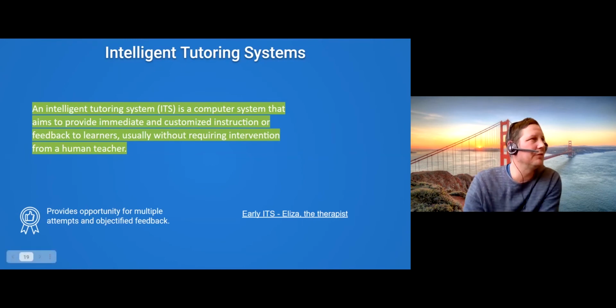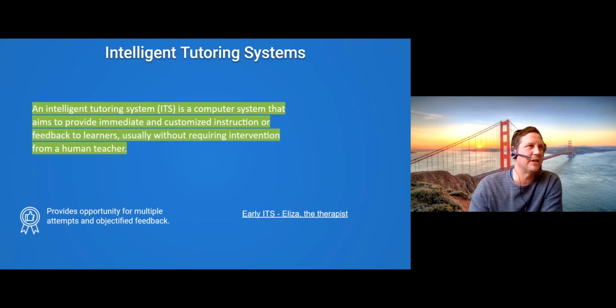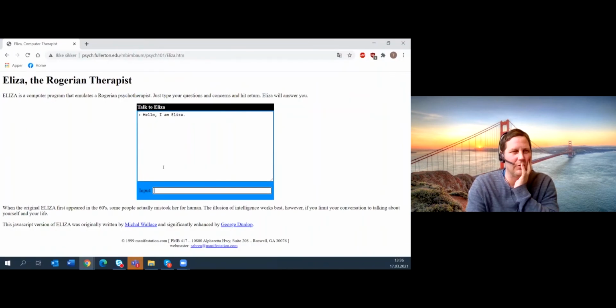I would like to show you one of the earliest examples. There has been a lot of intelligent tutoring systems throughout times, but in the 60s, this program, which I have a link to here, was launched, late 60s sometime.